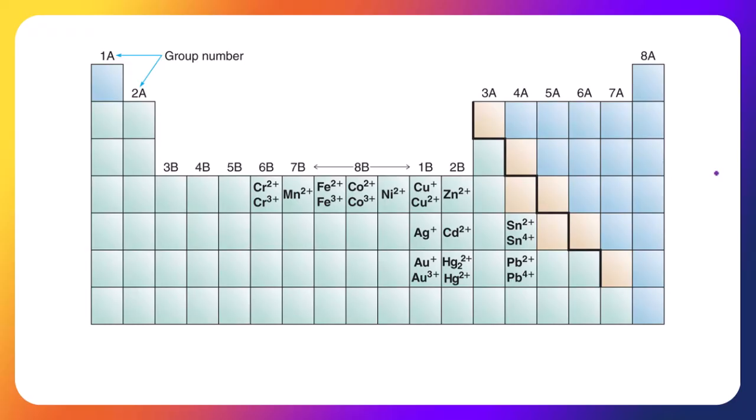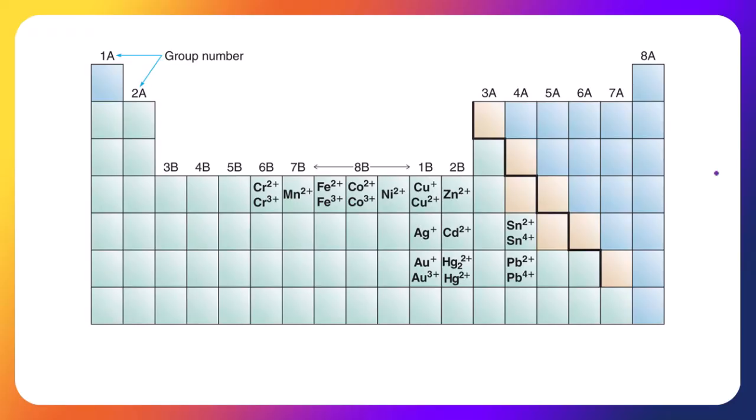Unlike sodium and magnesium, which are in the groups where we have these predictable charges, the ones here in the middle, the transition metals, can form cations with variable charge. That leads to different ionic compounds, and so we need to know which cation was involved in the formation of that compound.